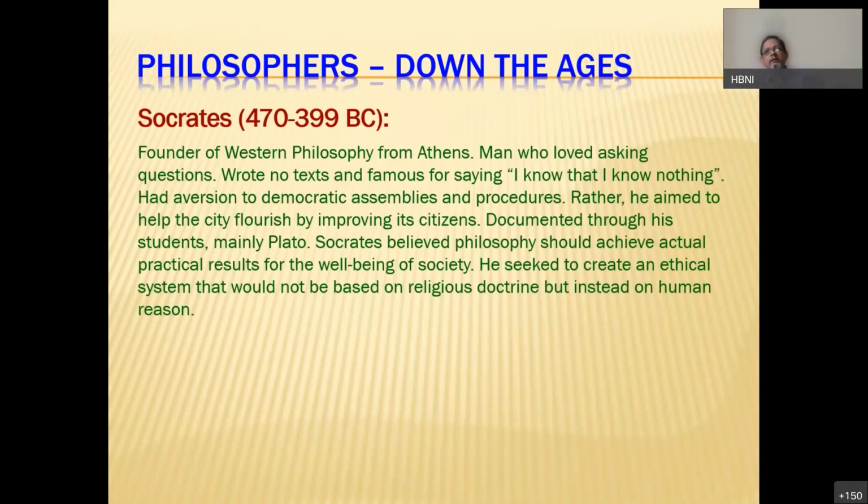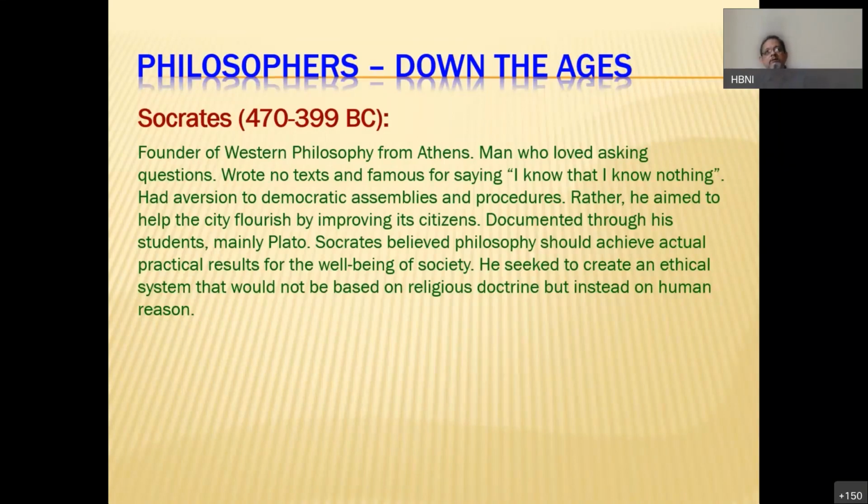And he sought to create an ethical system that would not be based purely on religious doctrines. See, this is very important because in the olden days, religious doctrines were very important and they had a lot of power. But Socrates probably was one of the first few people who decided that ethical systems should not be based on religious doctrines, but on human reason.